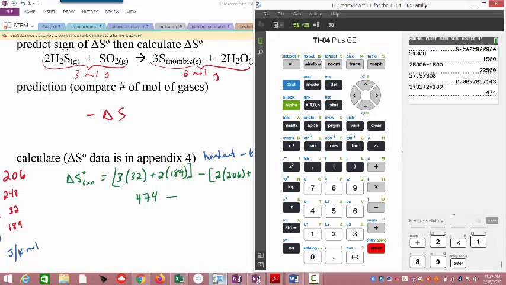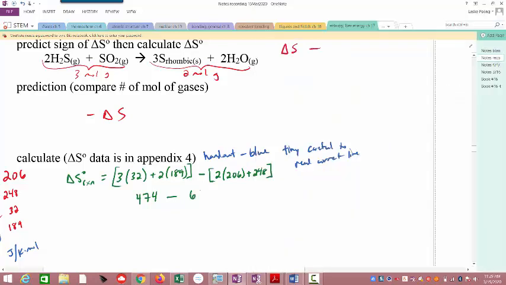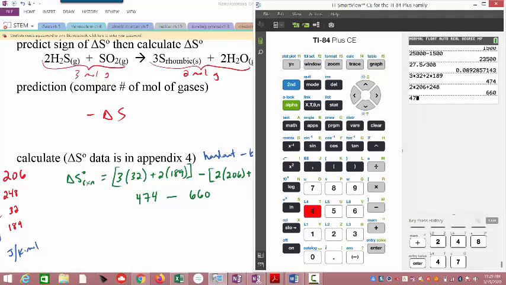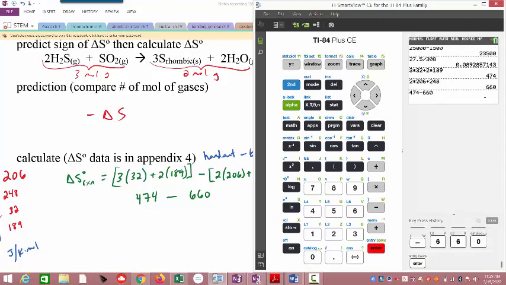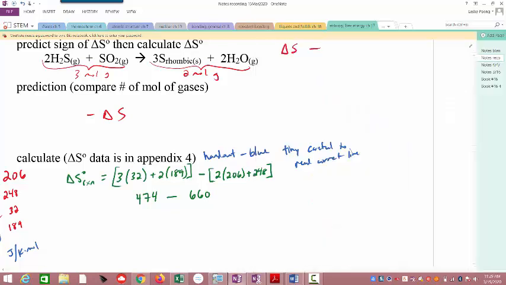Now I'm going to simplify the other part. 2 times 206 plus 248. And I get 660. So now 474 minus 660 gives us negative 186.